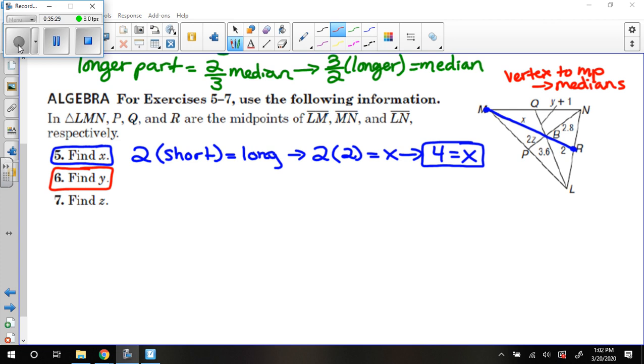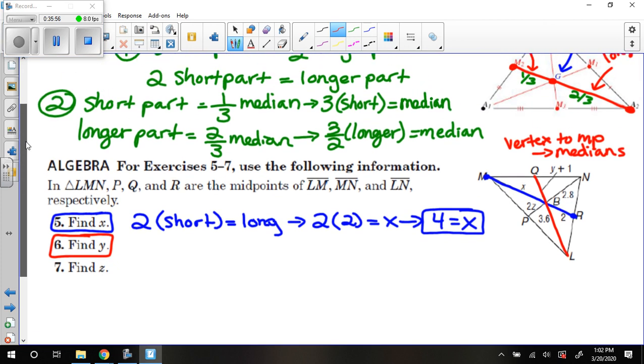Next, I'm going to find y. So I'll focus on the segment that has y on it. Notice the y is on the short piece, the y plus 1, and the long piece is 3.6.